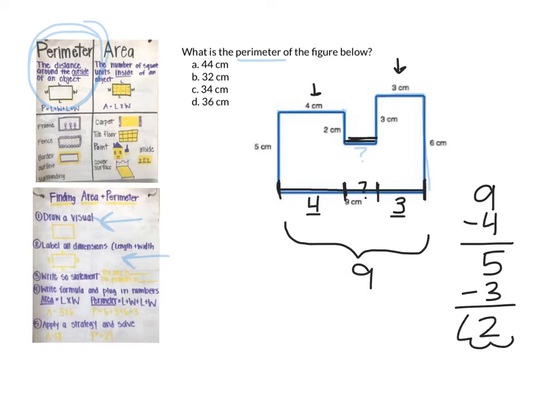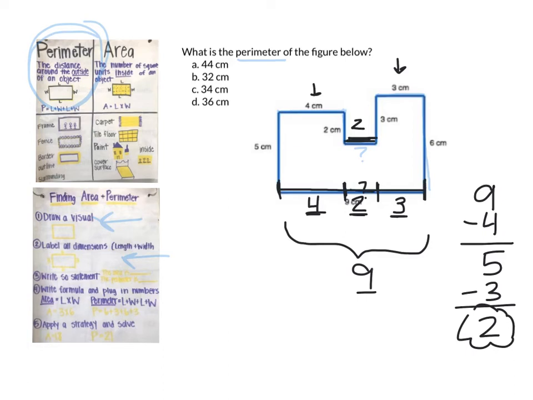So this is going to be our missing number. And that makes sense because 4 plus 2 is 6. 6 plus 3 is 9. So we can go ahead and label that missing side length is 2.